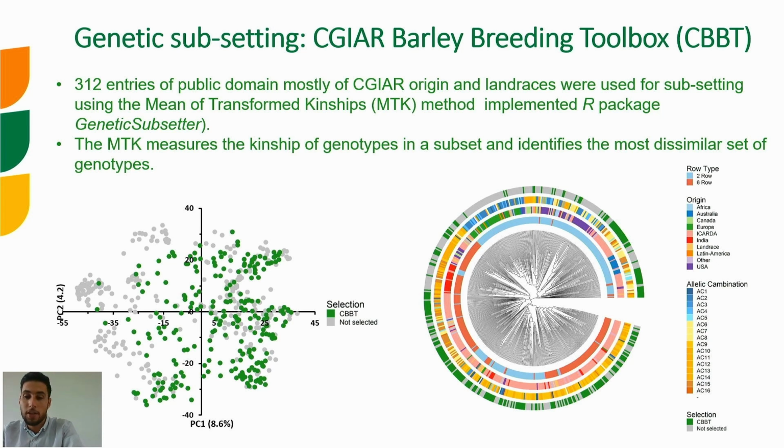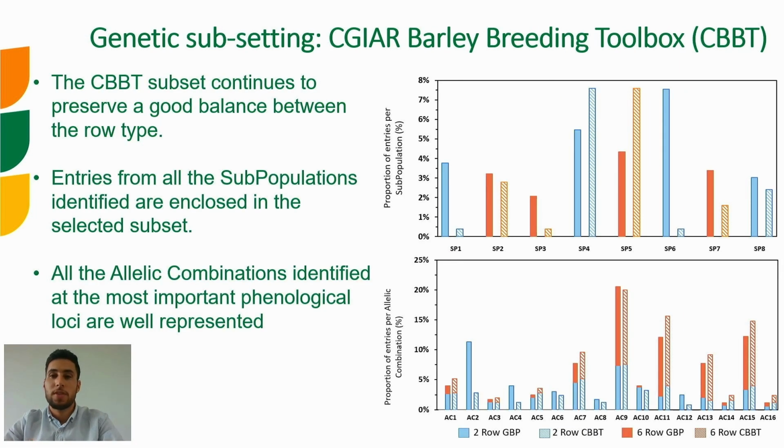The CGIAR barley breeding toolbox showed a good coverage of most of the PCA spectra, except for the most negative values in the first principal component, where most of the European, Canadian, and US varieties are located. The subset continues to preserve a good balance between 2-row and 6-row genotypes, and entries from all subpopulations identified through population structure are included.